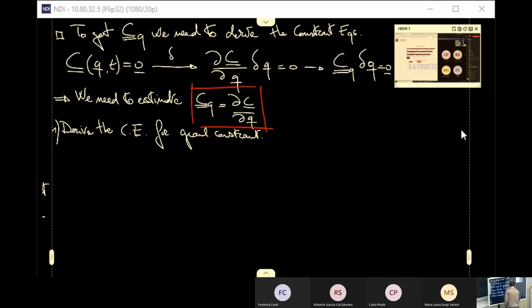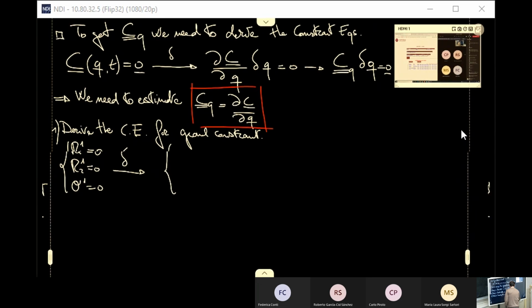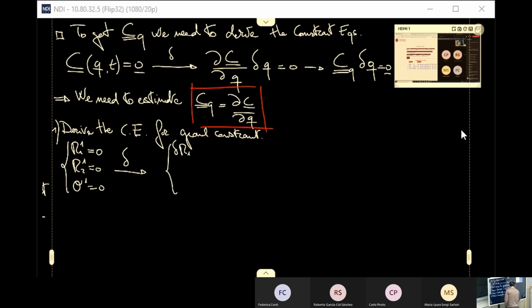Remember that we had something of this form: R1, 1 equal to 0, R2, 1 equal to 0, theta 1 equal to 0. That was the ground constraint. You apply a delta, where this quite straightforwardly becomes delta R1, 1 equal to 0, delta R2, 1 equal to 0, and delta theta 1 equal to 0, right?